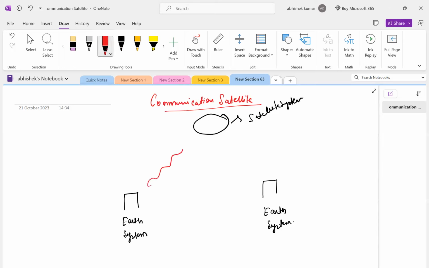The signal is sent from the Earth station to the satellite, which is known as uplink, at the uplink frequency.